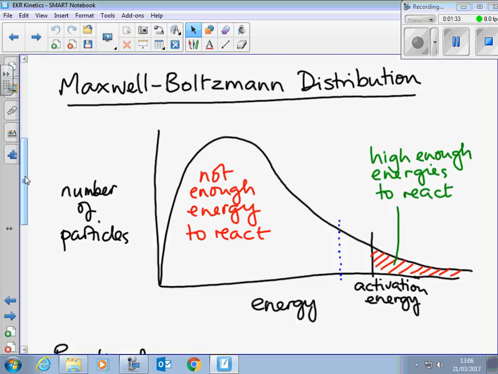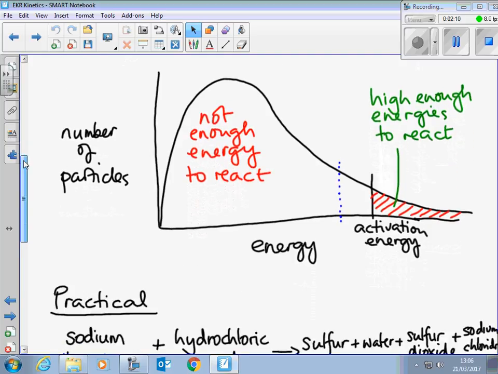So the distribution of particles against the energy that they've got has got what would be like a normal distribution, but one-tailed, so that you've got to get your particles to the point of having enough energy to reach this activation energy point over on the right hand side here before they'll react. And the factors that we're going to look at in terms of temperature and catalysts will have an impact on that. And I think that blue dotted line I've drawn on there was showing what a catalyst does.